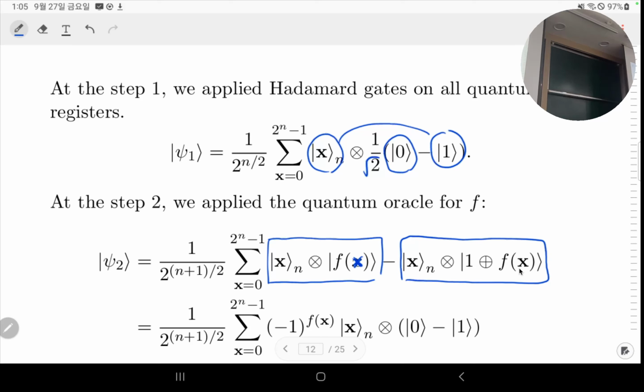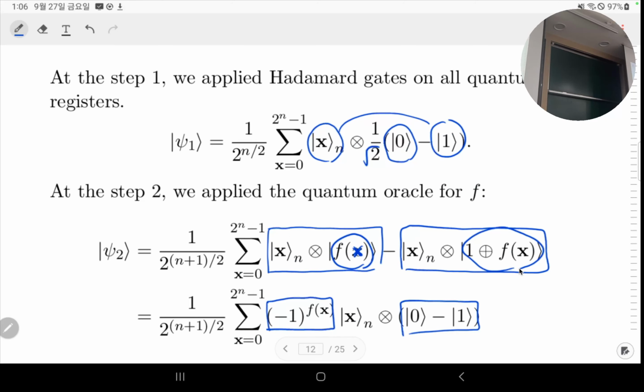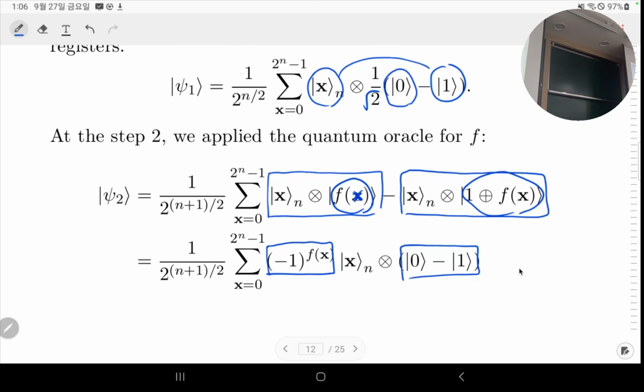You can see that f of x and 1 plus f of x are always the pair of 0 and 1. The only difference is that depending on whether f of x is 0 or 1, you change the sign. So that part goes here, and the general form is this, |0> minus |1>. So f of x equals 1 means |1> minus |0>, so you get minus 1 applied to |0> minus |1>. And f of x equals 0 means |0> minus |1> with positive sign. So that's right after applying the oracle.